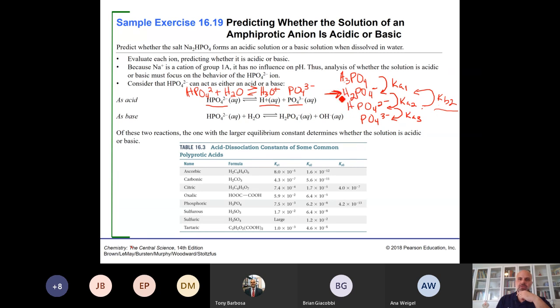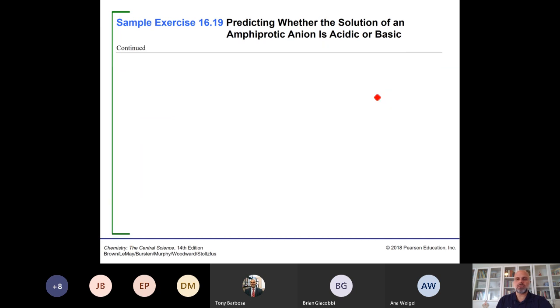In order to figure out Kb2, we have to analyze the conjugate acid of that base, and calculate the Kb from that acid, not from the Ka3. We're not looking at the ion itself. We're looking at its conjugate acid, one step back further, in order to determine what the acidity is.